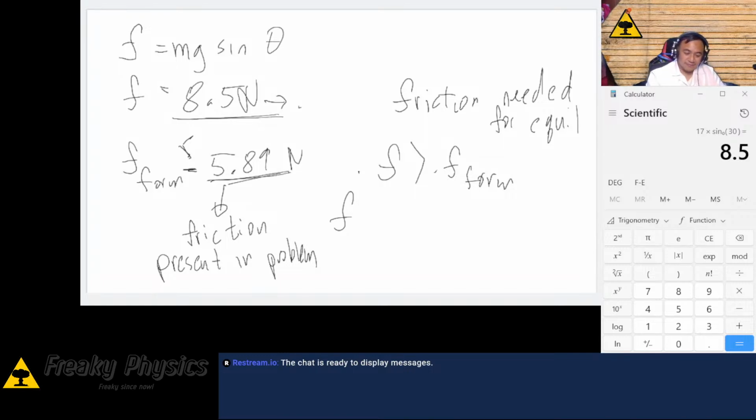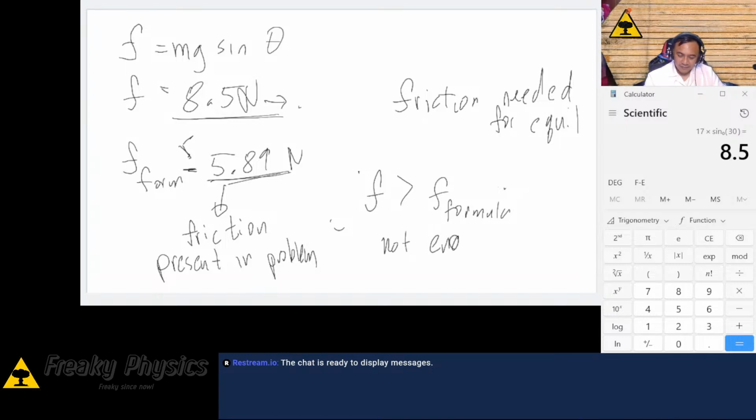In this case, F is larger than F from formula, so this means not enough friction provided for equilibrium, and hence the box moves.